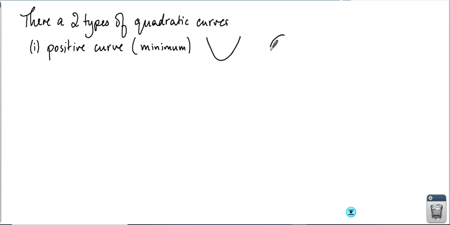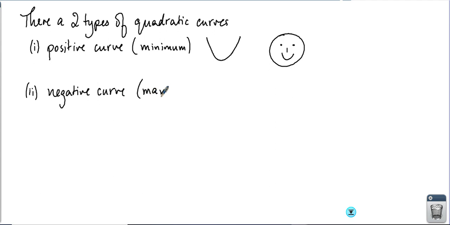Remember, something positive is fun. The second one is a negative curve. A negative curve has a maximum. It has this shape, and remember that something which is negative is not fun at all. Okay, so those are our two types of curves.